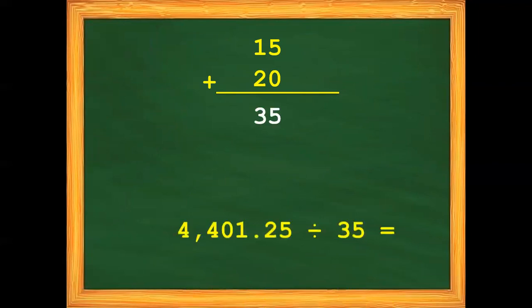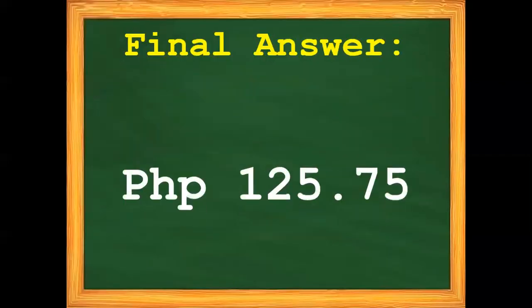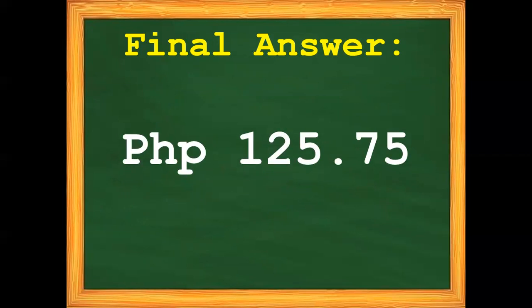Then afterwards, 4,401 pesos and 25 centavos, or 4,401 and 25 hundredths, divided by 35. So what is the quotient? We'll get 125 and 75 hundredths. So it means that for our second problem, the final answer is 125 pesos and 75 centavos.